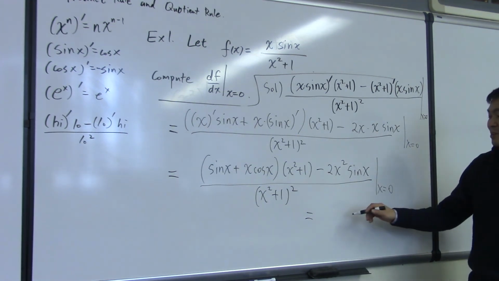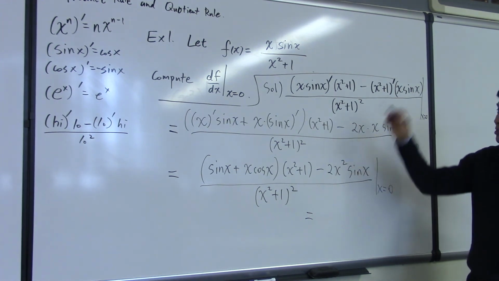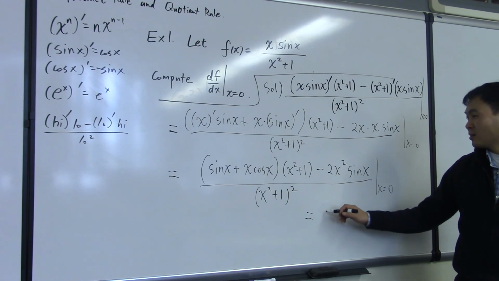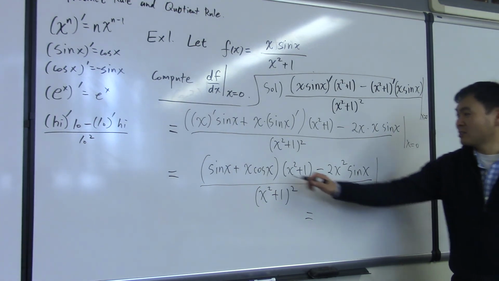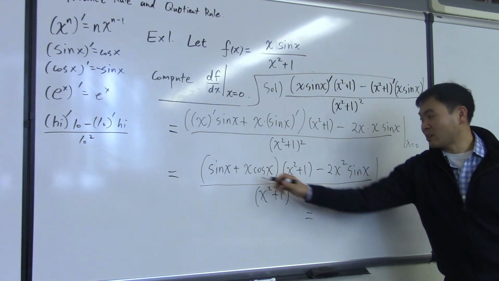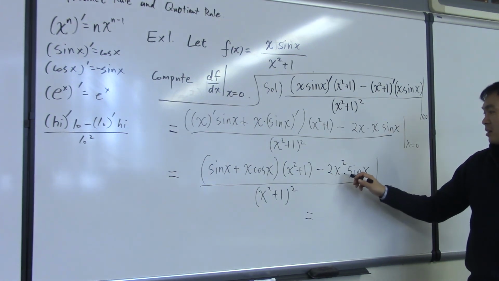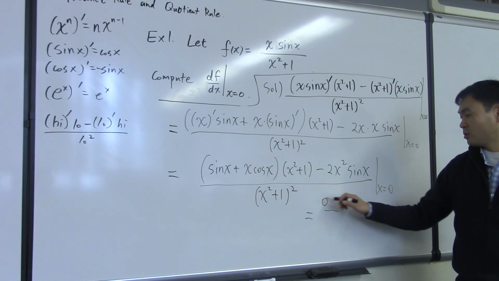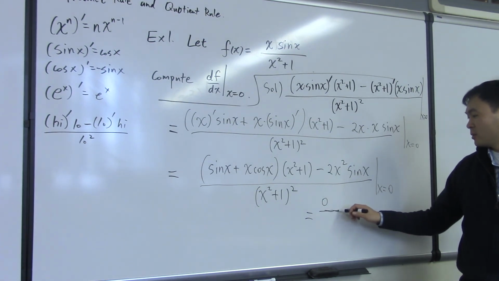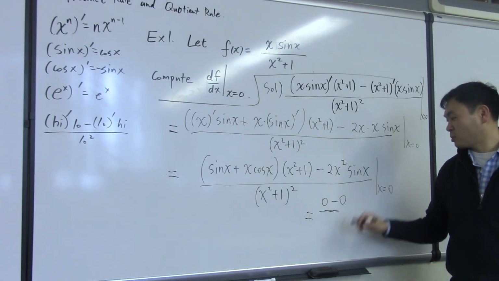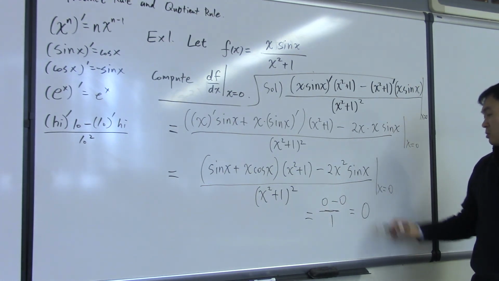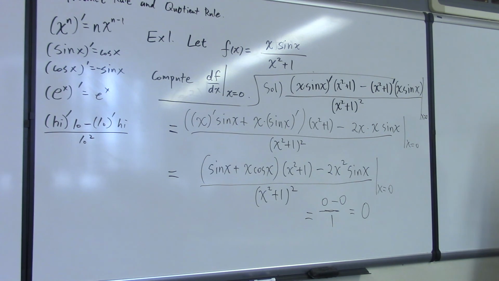All this work just gave you 0. I should have put a cosine there. That must have been better. Okay, so this will be 0, that's 0 because it has x in there, that's 1. That will be 0, this will be 1, so you have 0 on the top. Both of them give 0, and down here will be 1, so it will just be 0. Okay. So that's the first example.